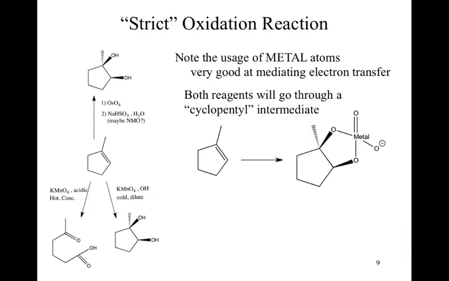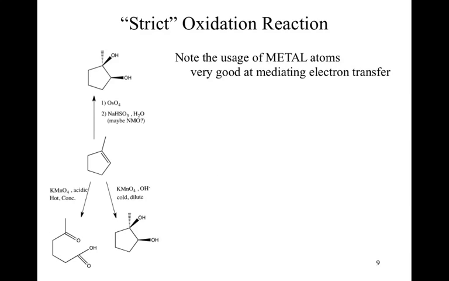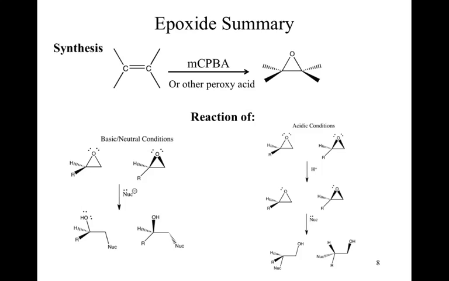So 2 reagents to get you the cis diol. If we went back and looked at epoxides, which is a couple ways back, we could end up with a diol with the epoxides if the nucleophile we used was, say, water in the acid catalyzed reaction, or hydroxide in the base catalyzed reaction.